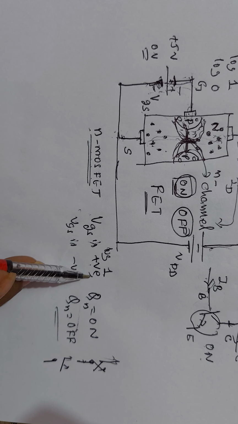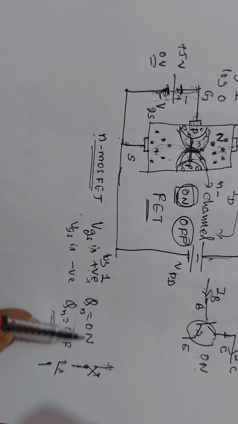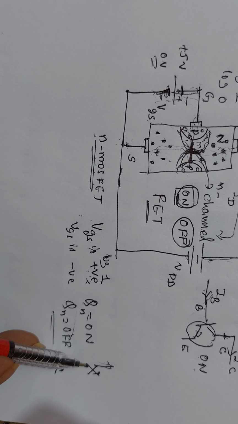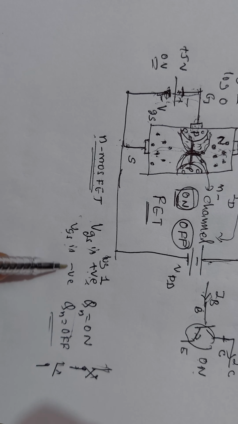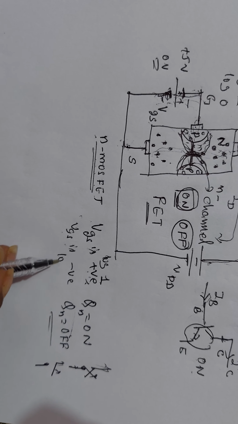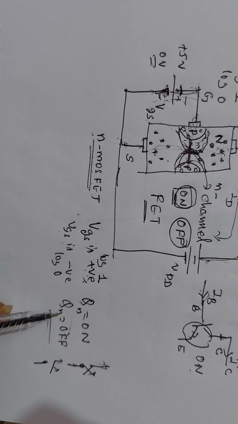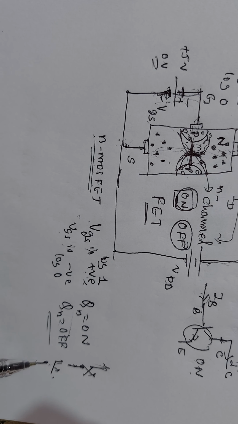When gate is positive or logic 1, N-channel MOSFET conducts. It goes to on. It acts as a closed switch. When VGS, gate source voltage, is negative, that is logic 0, the N-channel MOSFET goes to off. It acts as an open switch. No current flows.